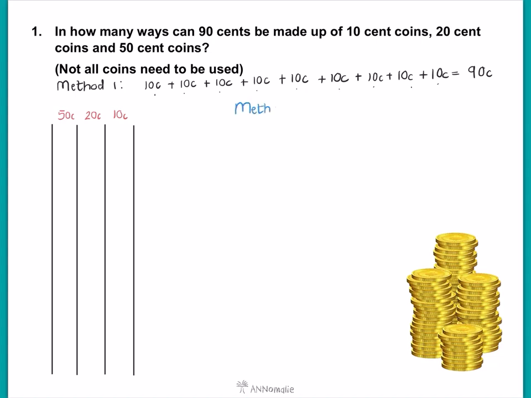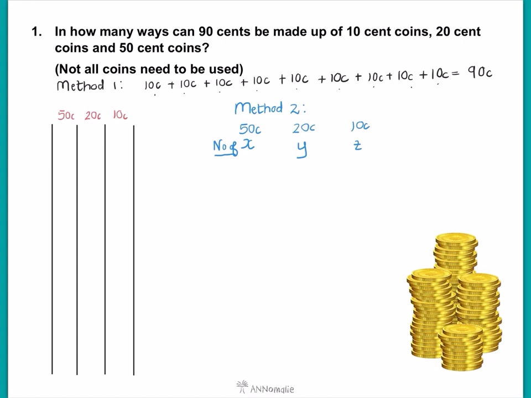In method 2, we could say, let X represent the number of 50-cent coins, and then let Y represent the number of 20-cent coins and Z the number of 10-cent coins.